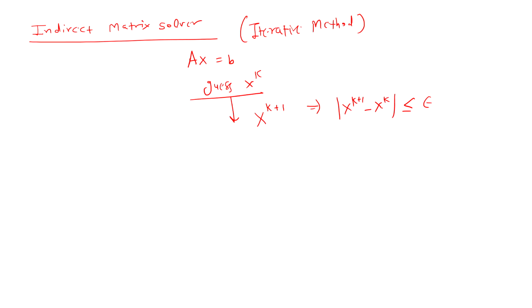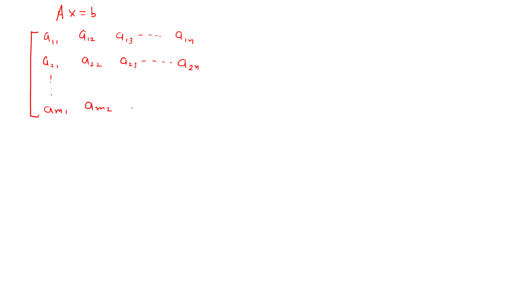Suppose I have this matrix. We have the system of equations Ax = b, where the matrix A is given as a11, a12, a13, going up to a1n, a21, a22, a23, going up to a2n, and then am1, am2, am3, going up to amn.